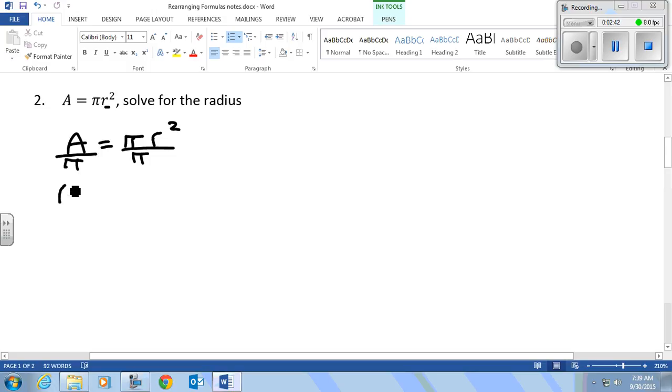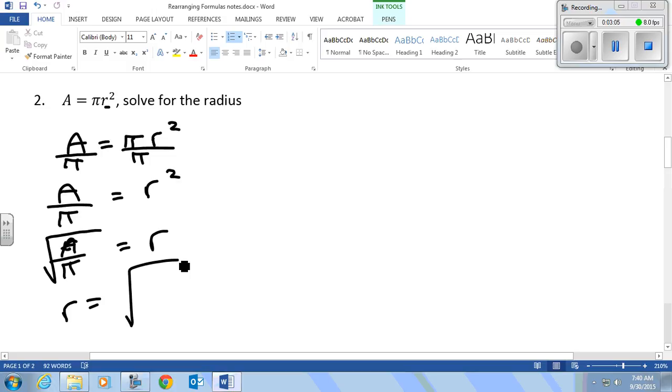So I've got now A over pi equals r squared. So to get the radius, I'm going to have to take the square root of both sides. So the square root of A over pi equals r. And I'm okay with you flipping that around and writing that as r equals the square root of A over pi.